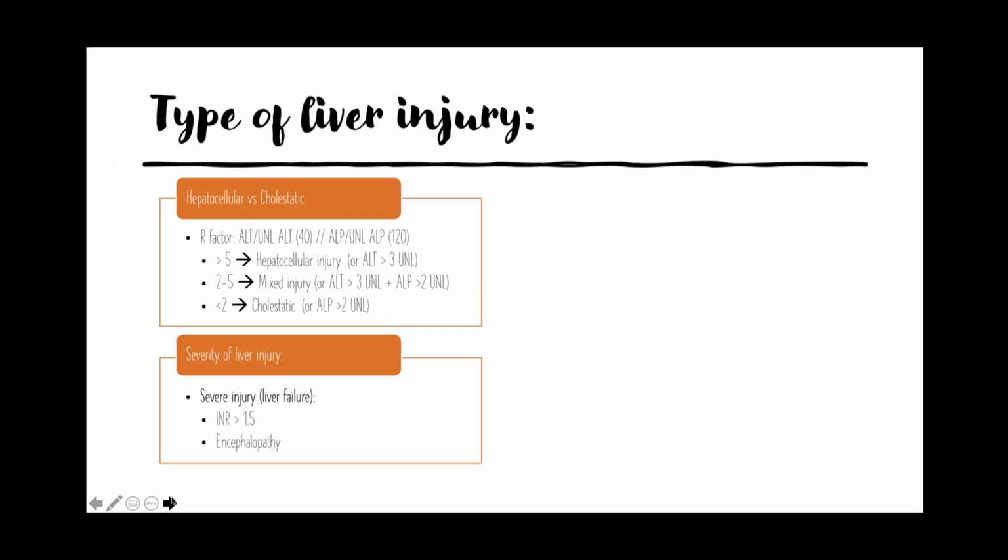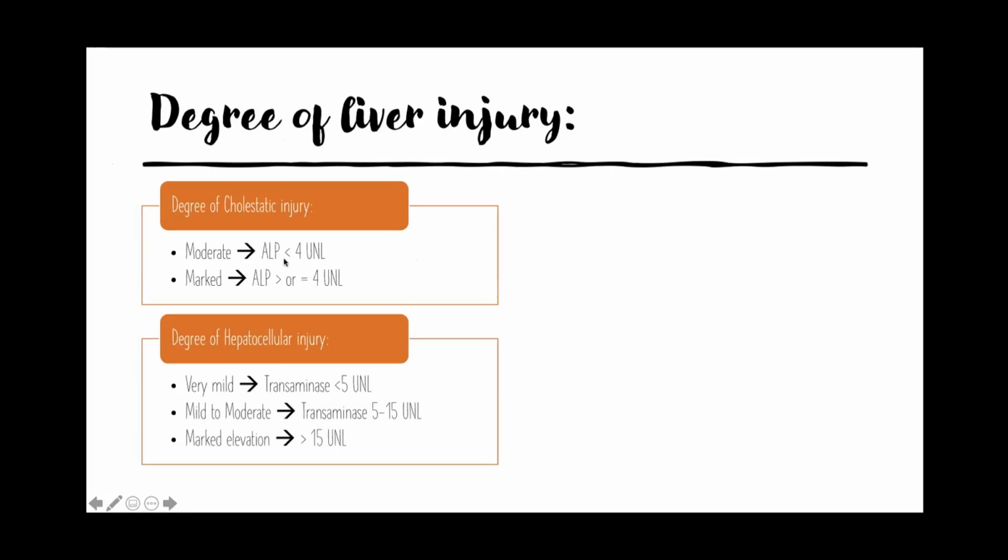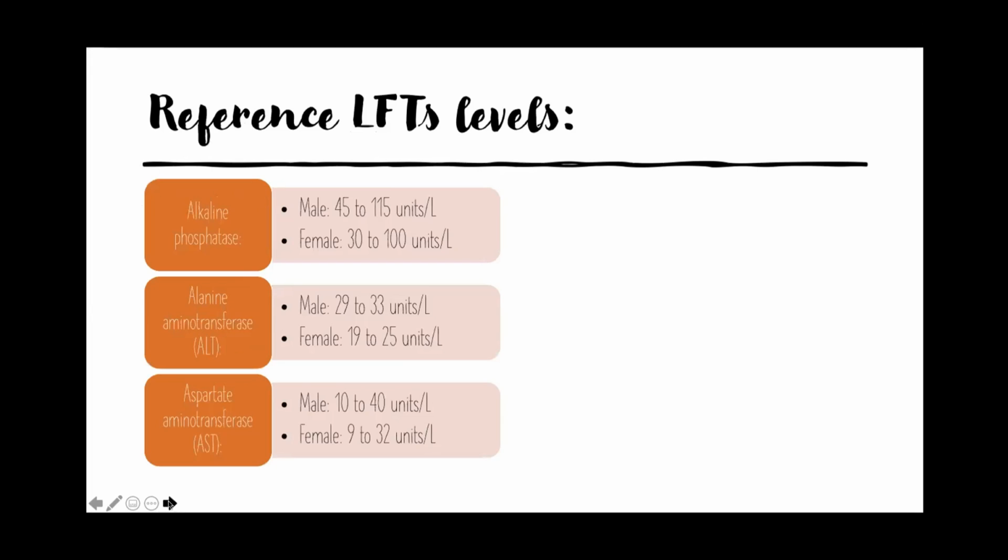Next would be the degree of cholestatic injury. It's moderate if ALK-FAS is less than 4 times the upper normal limit, and a marked elevation would be greater than or equal to 4 times the upper normal limit. The degree of hepatocellular injury would be very mild if less than 5 times, mild to moderate at 5 to 15, and marked elevation at more than 15 times the upper normal limit.